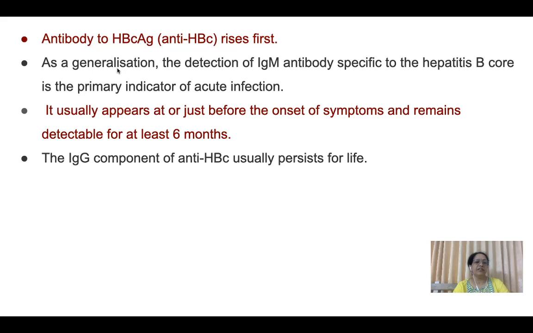As a generalization, the detection of IgM antibody specific to hepatitis B core is the primary indicator of acute infection. It usually appears at or just before the onset of symptoms and remains detectable for at least 6 months. Therefore, the role of this antibody to HBc antigen is considered important in the detection of hepatitis B.